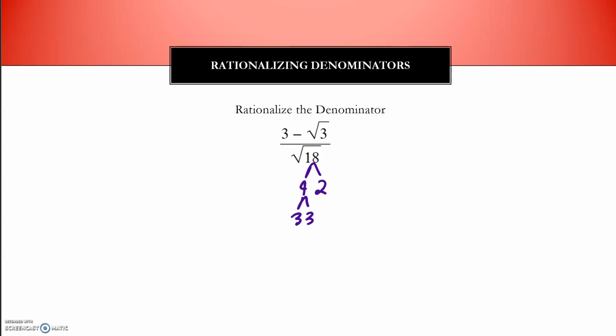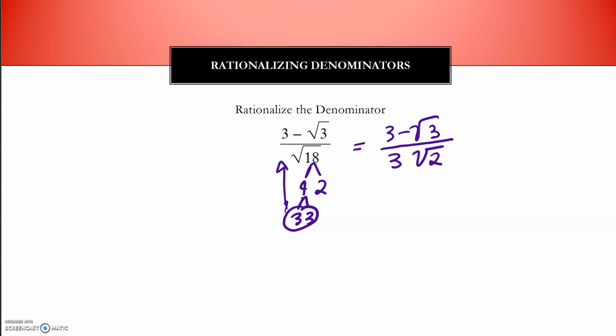And I know that there are two 3's inside of the 9, so that comes out. So we're going to have 3 minus the square root of 3 over 3 that came out, square root of 2 that I didn't circle. Okay, 3 root 2 is the simplified form of the square root of 18. And if you chose 6 times 3, you would have gotten the same result.